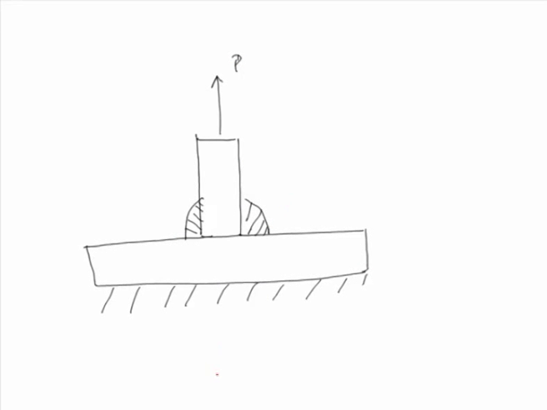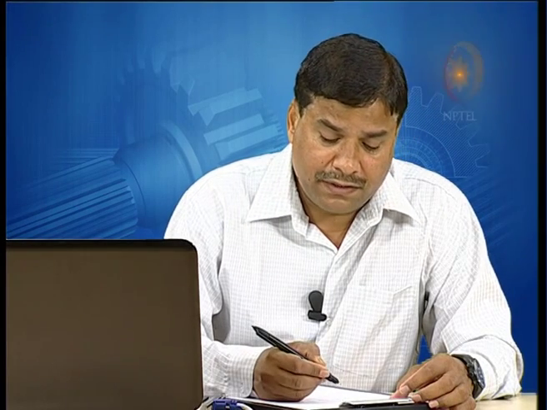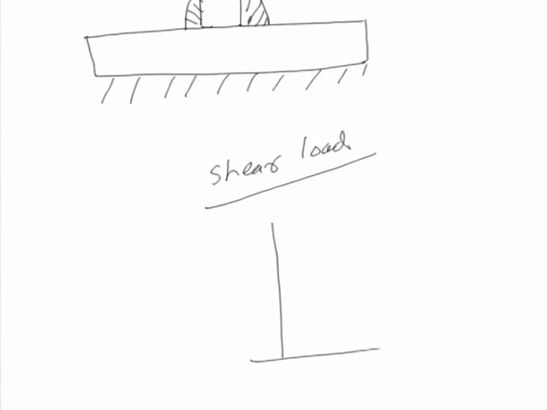For this fillet weld, the shear load will be acting, and for this shear load the load resisting cross-sectional area is identified. To identify it, we determine the throat thickness, which is obtained from the shortest distance of the line passing through the root and the face of the weld.